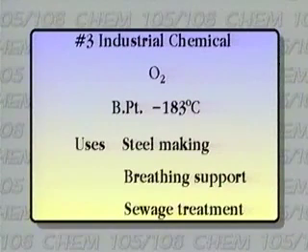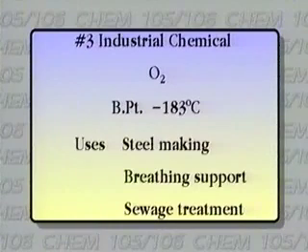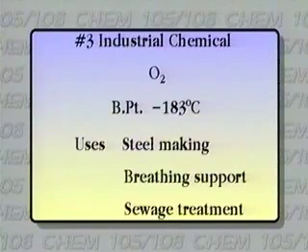We'll talk a little bit more about this particular process in the chapter on oxidation reduction reactions, but for the time being we'll just mention that this is one of the major uses of this gaseous element that we have, oxygen.